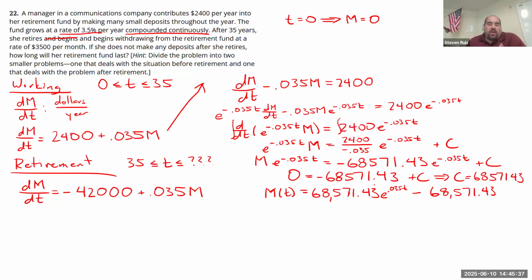Okay, so what did I want from this equation? What I wanted for this part of the problem is to figure out when she retires, what is she retiring with? So I'm going to plug in 35 for time, go to my calculator and figure out how much money she has when she retires.